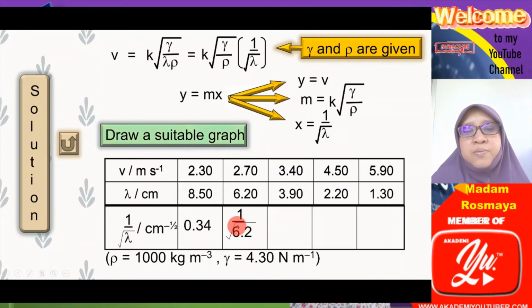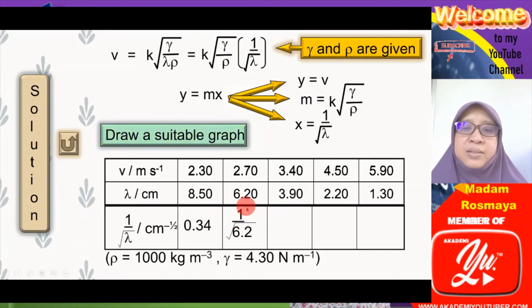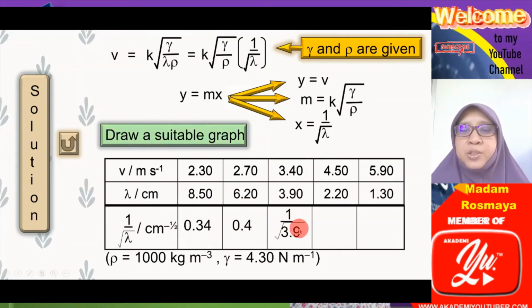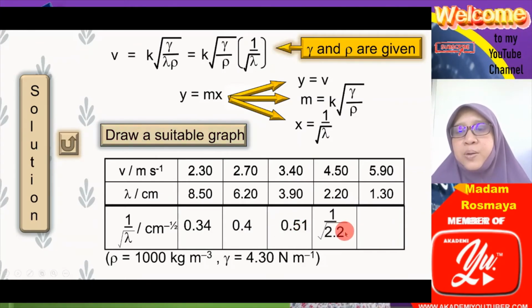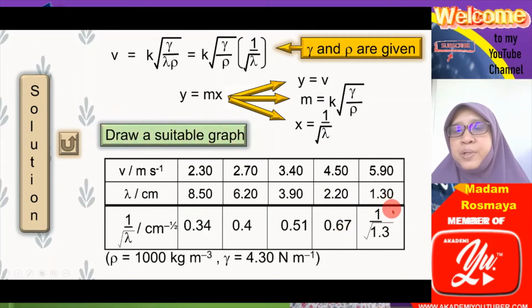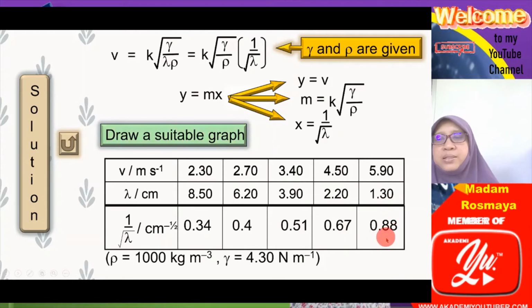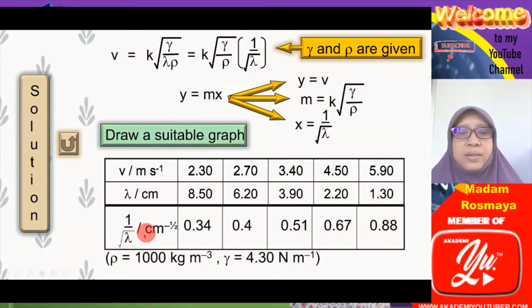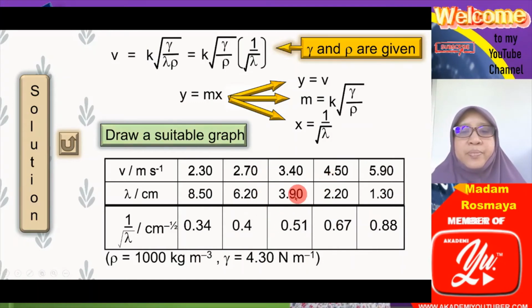We do the same for the next lambda, 6.20: 1 per square root of 6.2 is 0.4. Next, 1 per square root of 3.9, we get 0.51. And 1 per square root of 2.2, we get 0.67. And lastly, 1 per square root of 1.3, we get 0.88. So these are all the values of 1 per square root of lambda for the 5 sets of data, v and lambda.